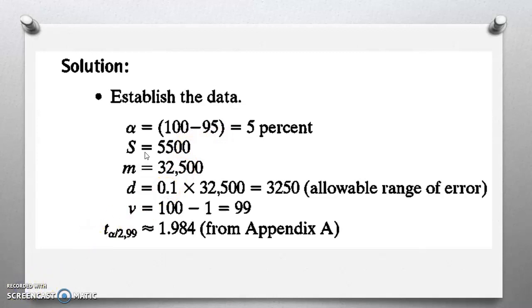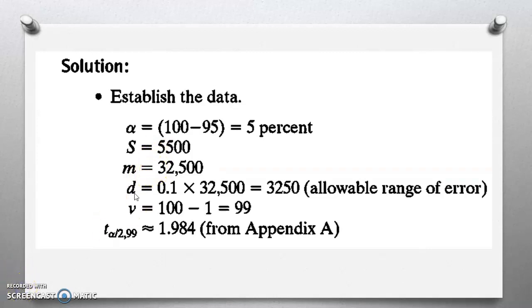Our estimated spatial standard deviation of link volume is 5,500, and our mean link volume is 32,500. These are both given in the problem.